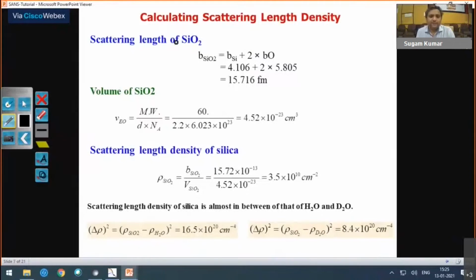For silica, as an example, we are choosing silica nanoparticles or silica particles. It doesn't matter because anyway this is only a molecule.